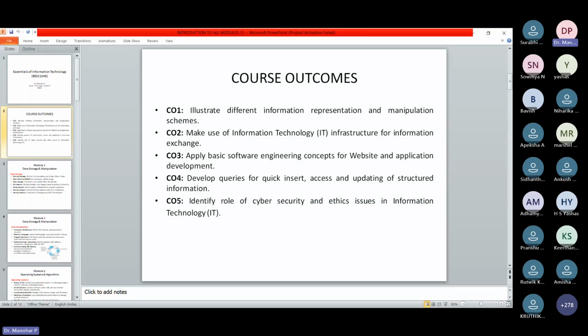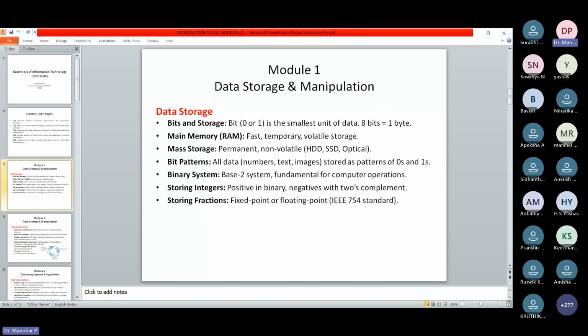So that is the course outcome four. The fifth outcome is all about the role of cybersecurity and ethics in information technology. Firstly, this is about data storage and manipulation.